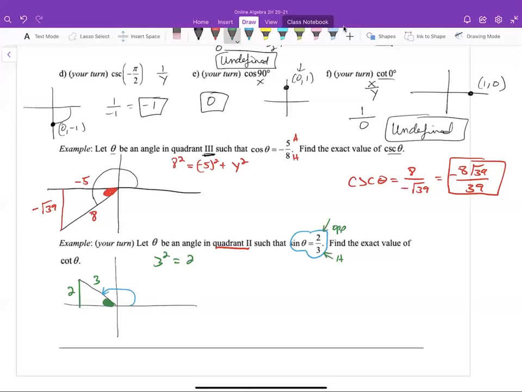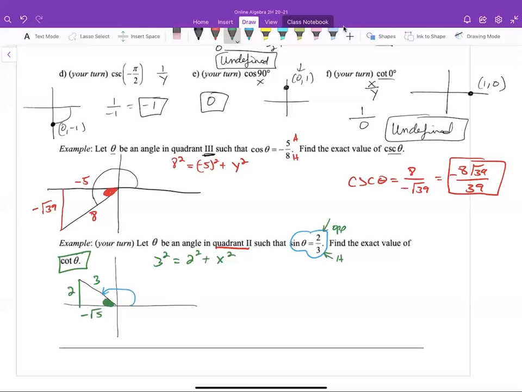Then we will use 3 squared equals 2 squared plus x squared, and we will find our x value. And that will be the square root of 5. And we will know that it's negative because it's to the left of the origin. Now I can use this information to find the exact value of cotangent.